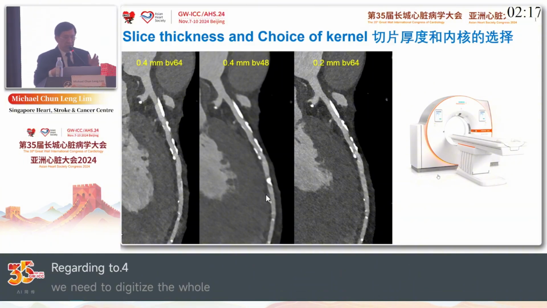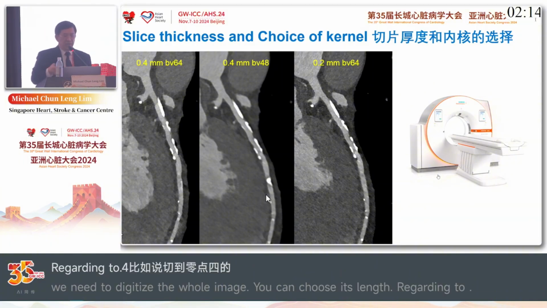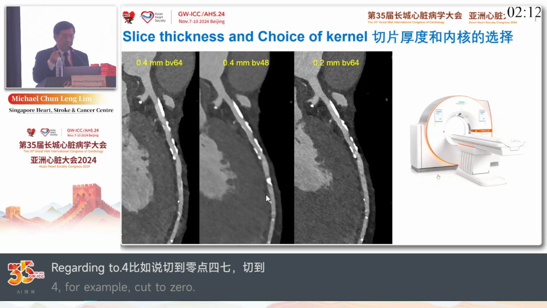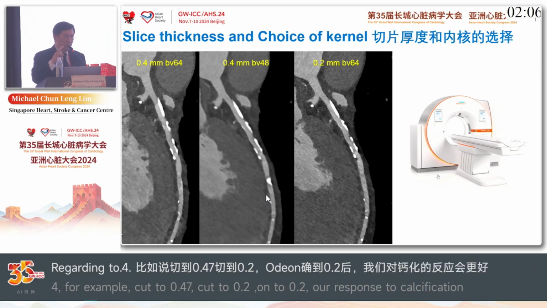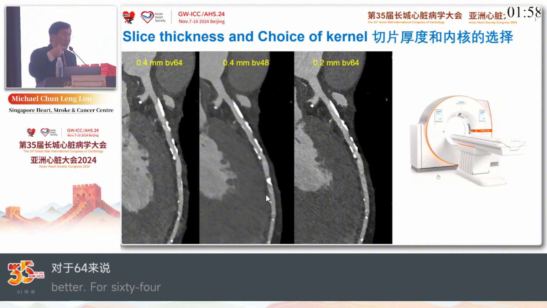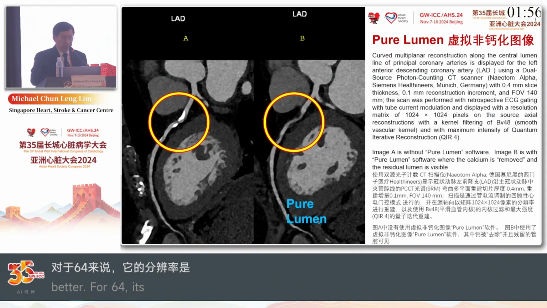You can see that at 0.2, obviously the calcium you can see better. And then you see on top the word kernel, so 48, 64. 48 is a smooth kernel, and 64 is a sharper kernel. So you can actually tune it. And after a while, when you use the machine, you know what settings to use.